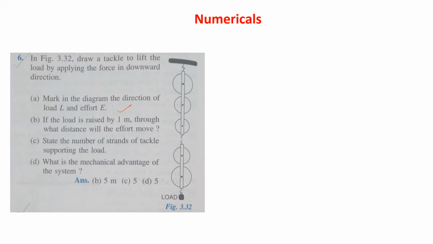So let us first draw the tackle. Let me first draw the pulleys, otherwise it is difficult. So 3 pulleys, and there will be a hook.